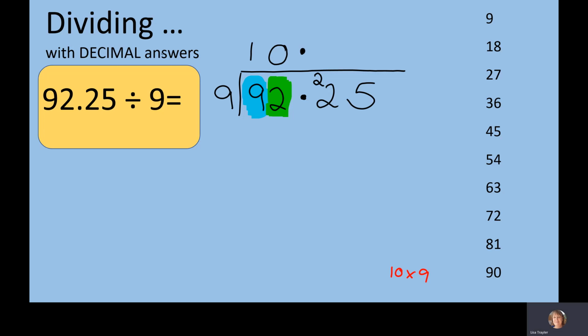Okay, so now what we're going to have a look at is how many 9s go into that 22 over here. And that's where the times table list that we've created already starts to come into play. 22 sits here between the 18 and the 27. Let's just write that in. Okay. And at a glance above that line, we can see we've got 1 lot of 9, 2 lots of 9.